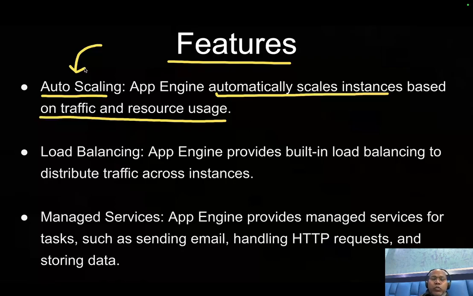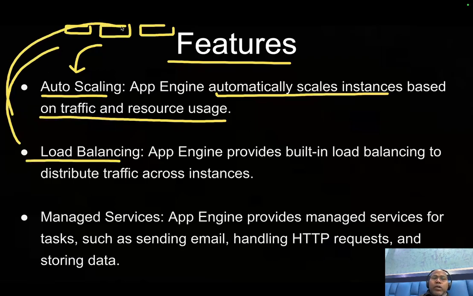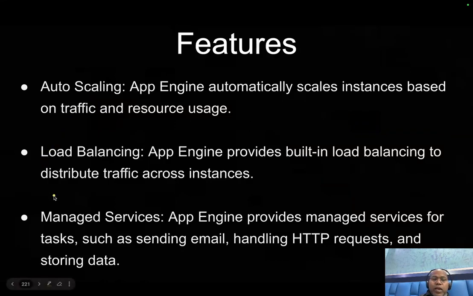the scalability of your application; scalability is taken care of by App Engine. This scalability is surely met by the load balancer, because if App Engine scales your application across multiple servers and instances, you need a load balancer to distribute your user traffic to the different instances of your application. And this is also a managed service. App Engine provides managed services like sending email, handling HTTP requests, and storing data.